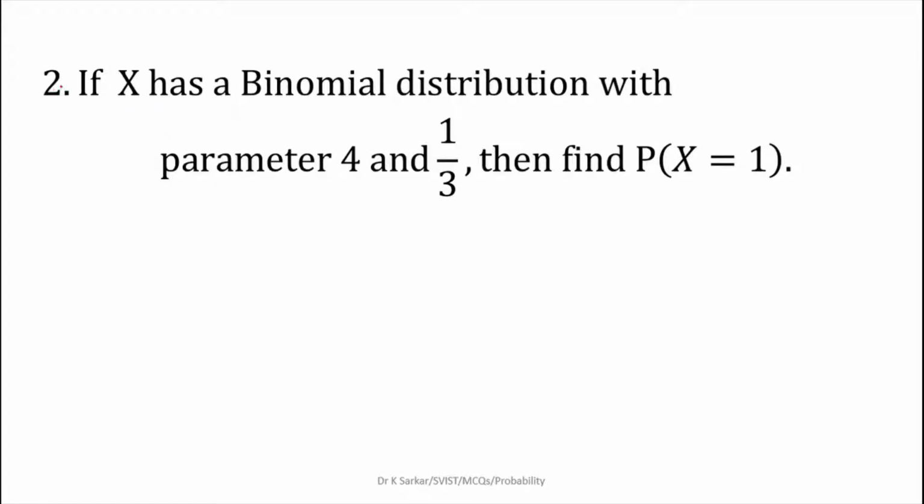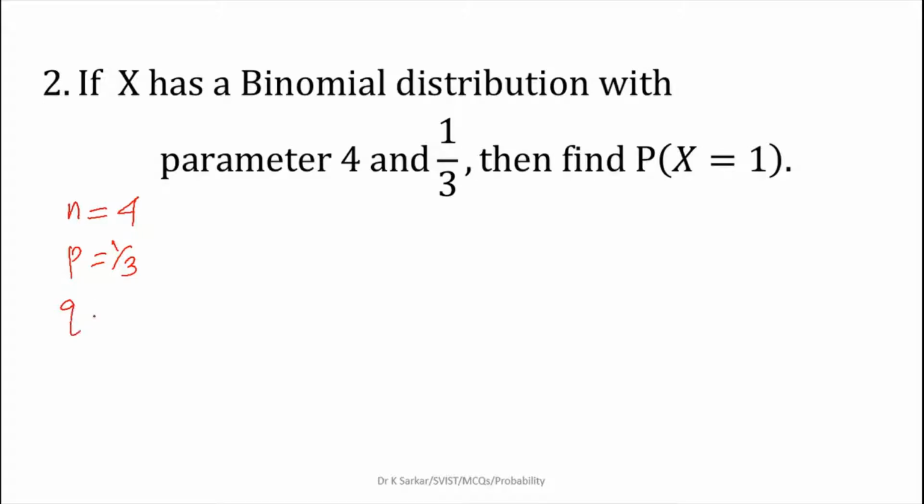Question number 2. If x has a binomial distribution with parameters 4 and 1/3, then find probability at x equals 1. n equals 4 and p equals 1/3.